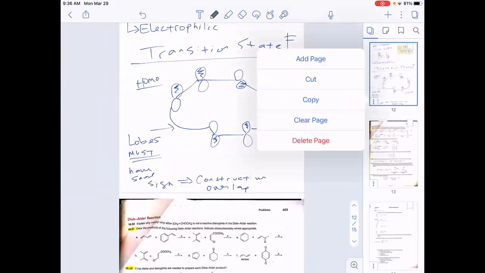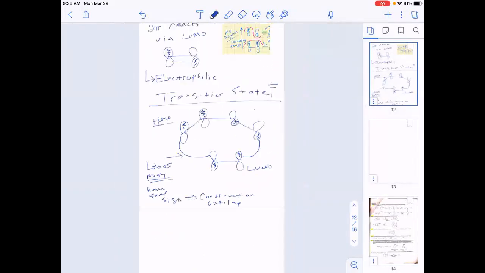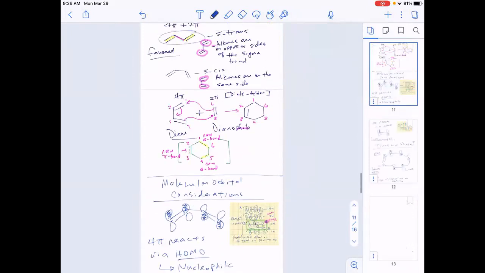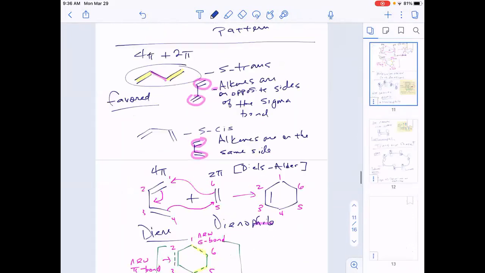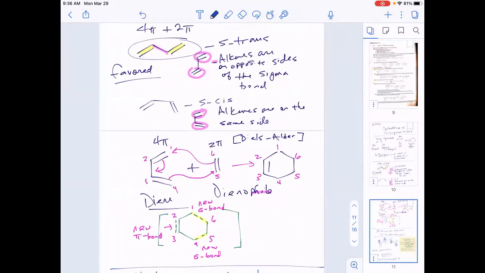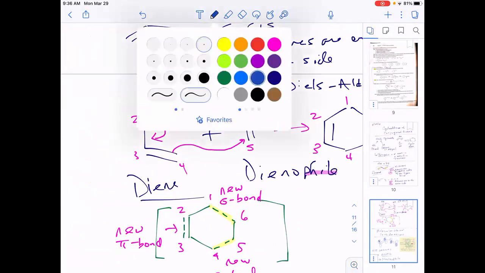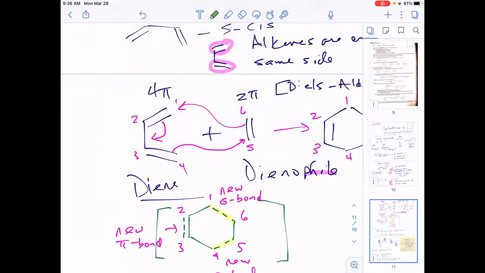Now, last thing about this, and then we're going to actually work through a couple of examples. Remember I said that the diene has to be S-cis, right? I'm going to put that in here for those of you who will go back and look at this later.